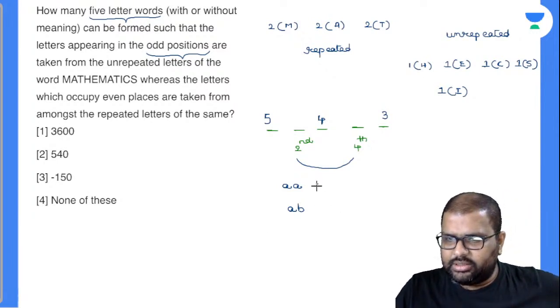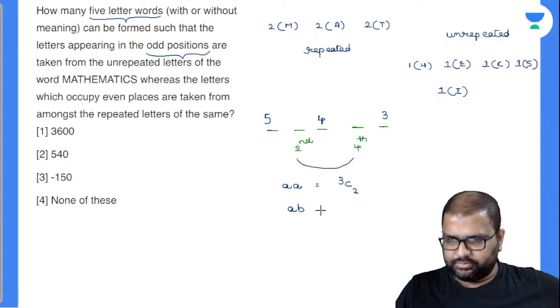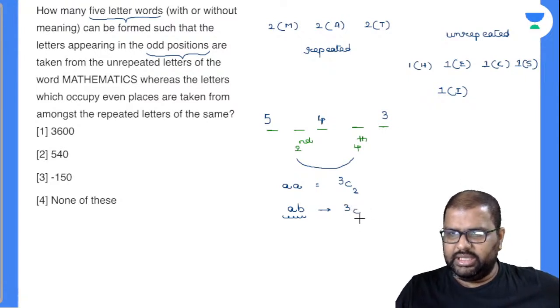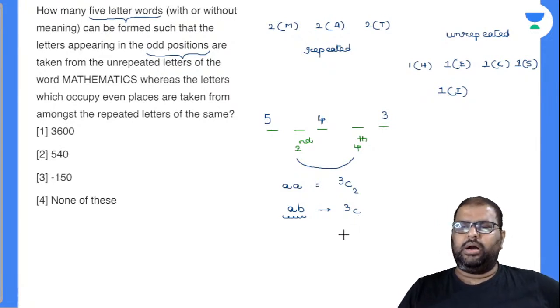So see here, how many sets are there? 3 sets are there. I have to select 2 sets. There is no need to arrange A or A, both are same. AB, I'll directly select AB, right? Because A separately, B separately, I'll miss there. Out of this AB, I have to select 3C2.